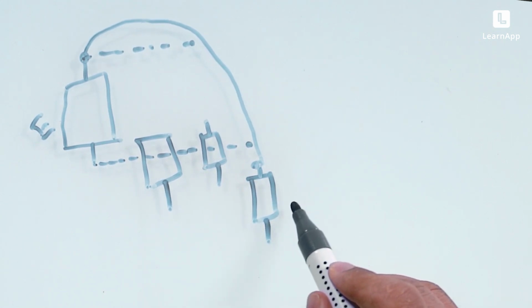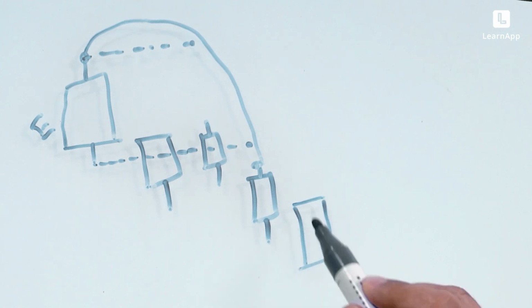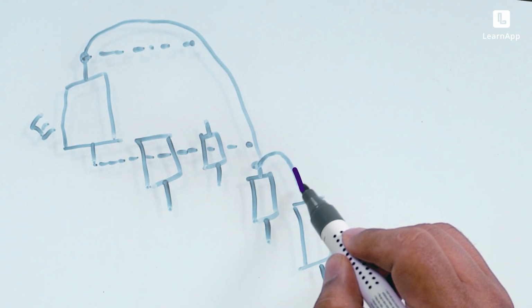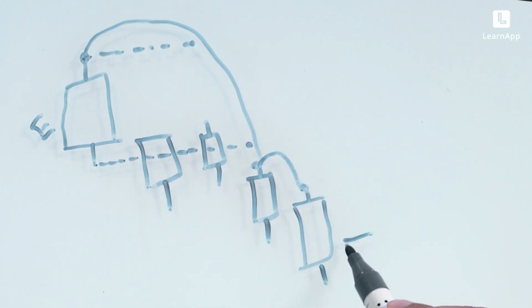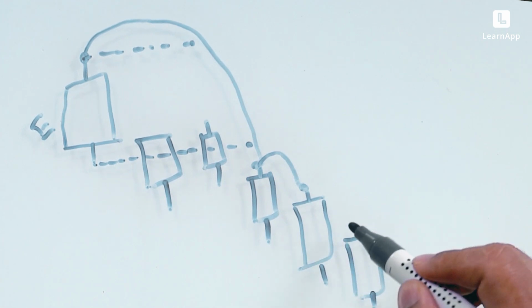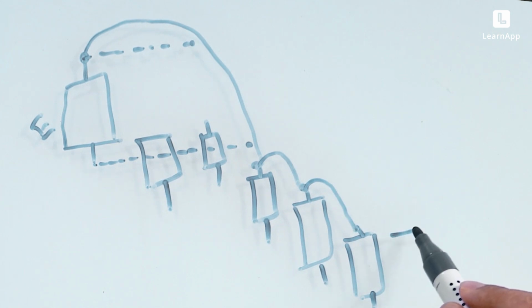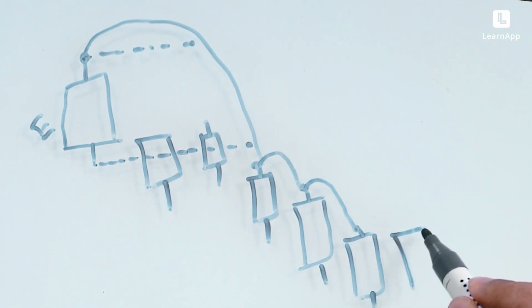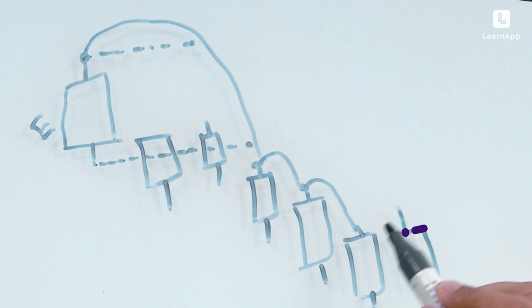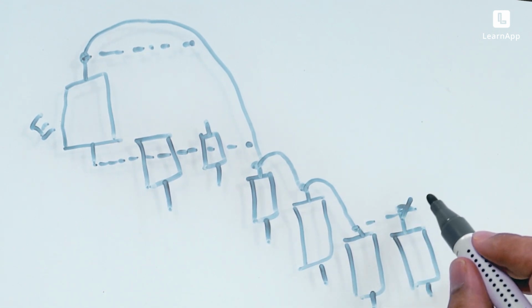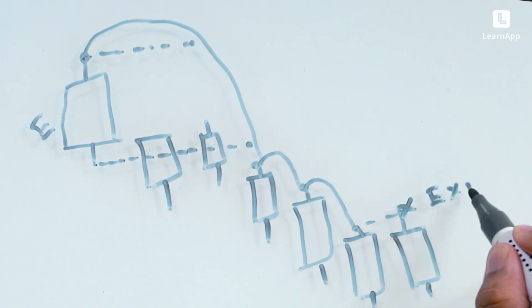Now if a candle forms whose high is lower than this candle, we trail our stop loss to just above the high of this candle. Another candle forms whose high is lower than this candle, we trail, and once a candle forms whose high is higher than this, we get out of our trade, and this is where we exit.